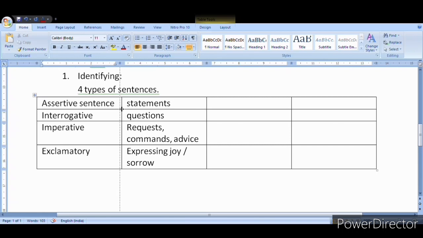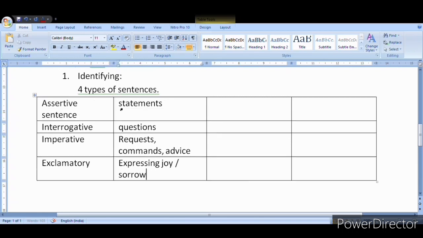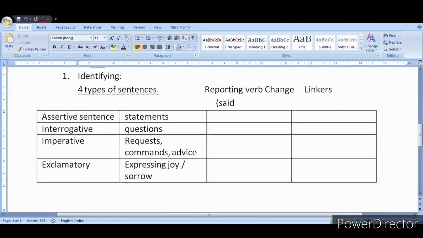According to these sentences, you have to change the reporting verb. First one, if the given direct speech is in the assertive type, you have to change the reporting verb said to told. Likewise, for exclamatory sentence, you also have to change the reporting verb to told. The next one is interrogative sentence.